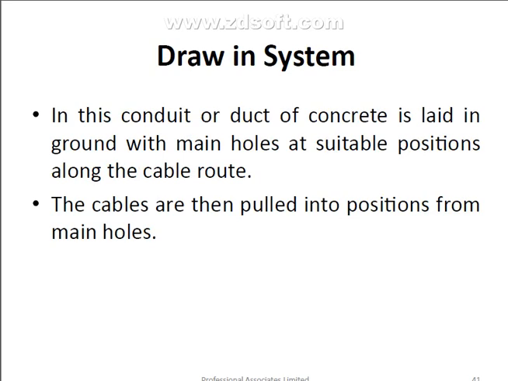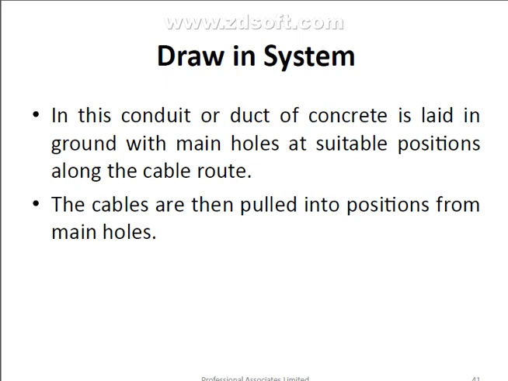Next is the drawn-in system. In this system it is comparatively similar to direct laying, but instead of digging without covering it, a conduit or duct of concrete is used. It could be a pipe, or a construction of concrete like a wall. In this concrete duct or pipe, the wires are laid down.